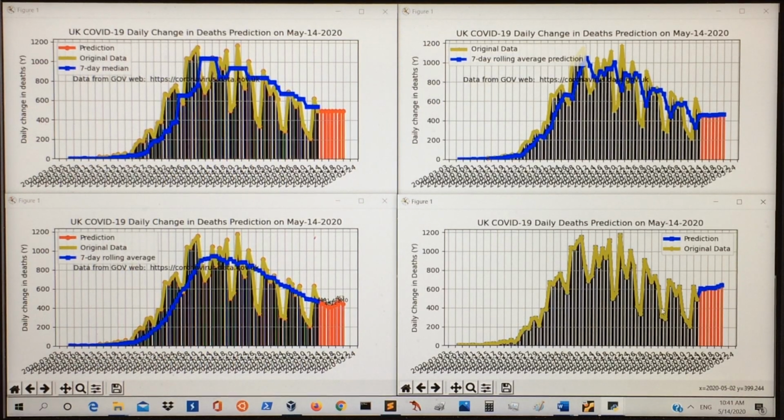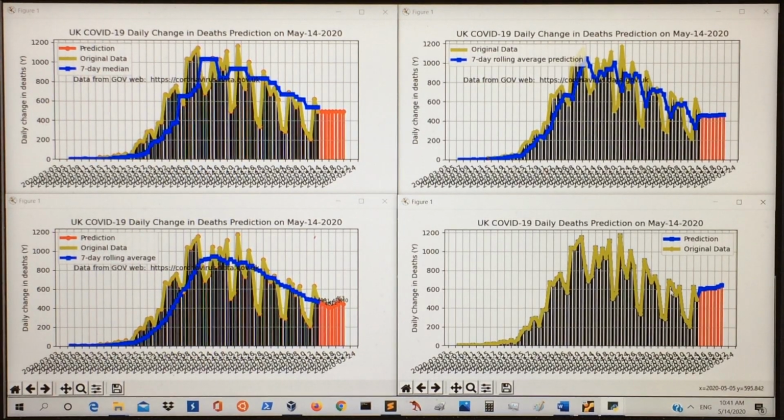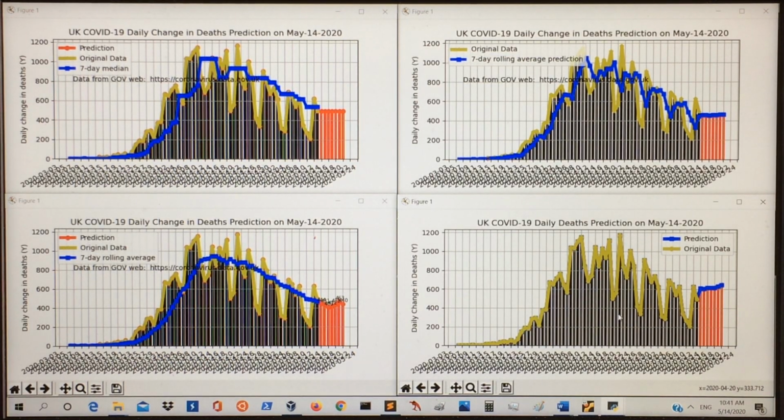But here and here, it doesn't even have blue lines. Well, really it does if you look at them closely, but still very hidden, because the blue line uses all the original data to predict, so it uses the past, and that's it.